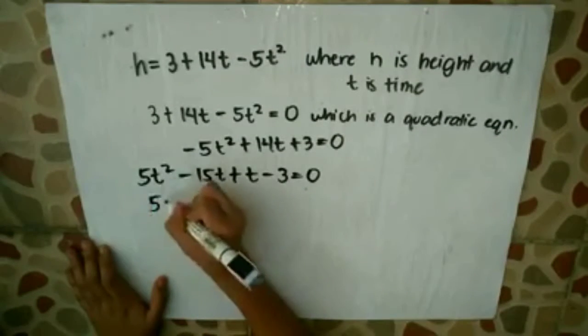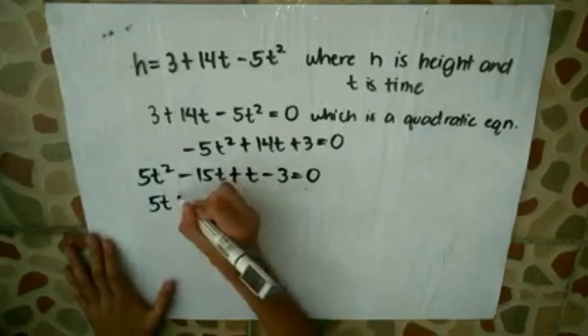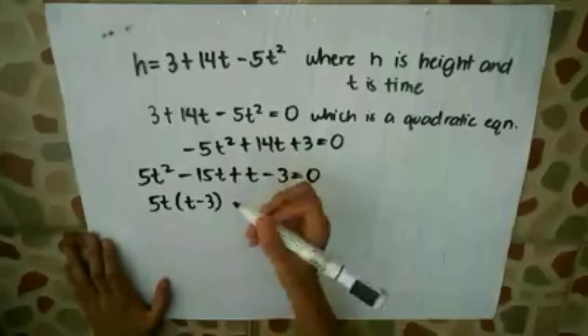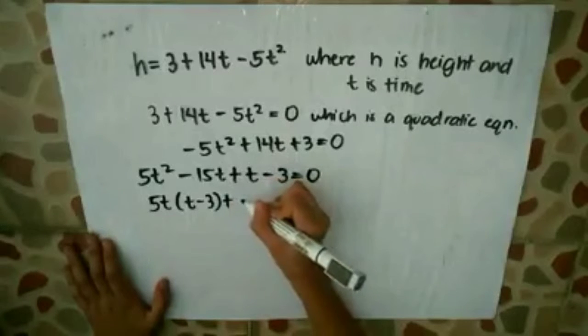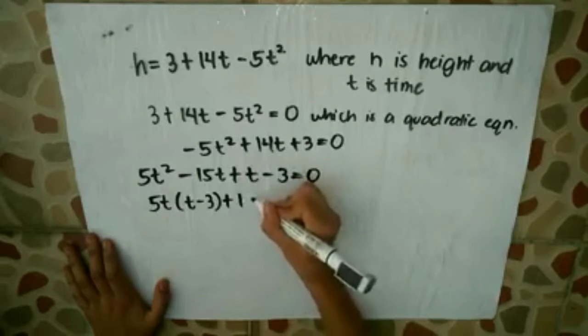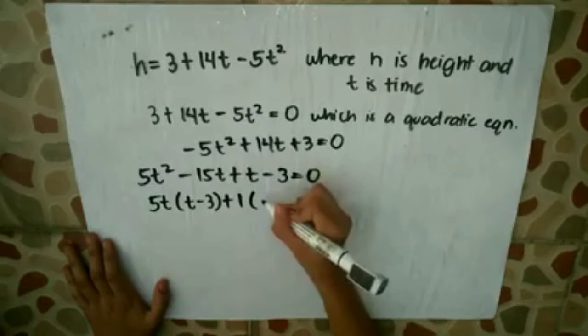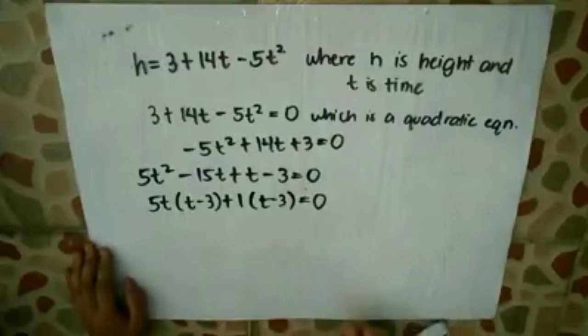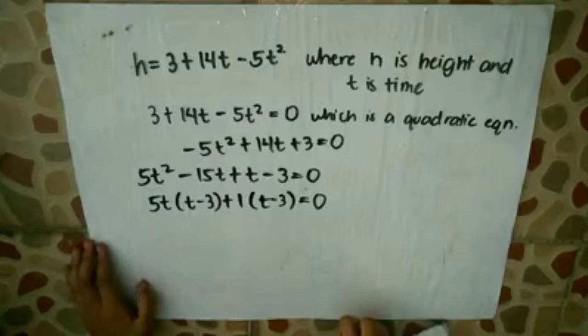5t times the quantity t minus 3 plus 1 times the quantity t minus 3 equals 0. The common factor is the quantity t minus 3.